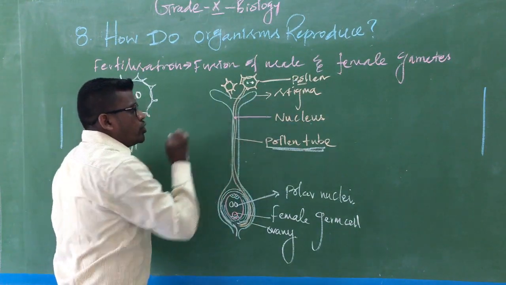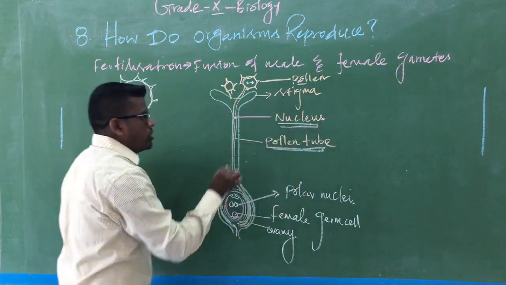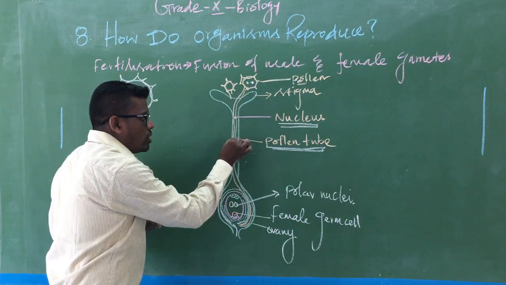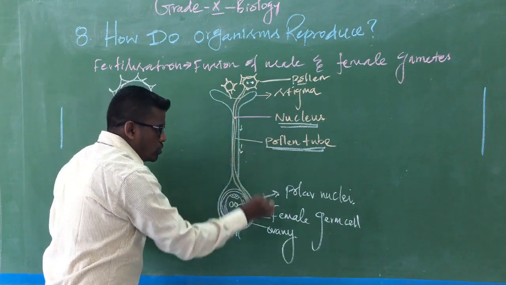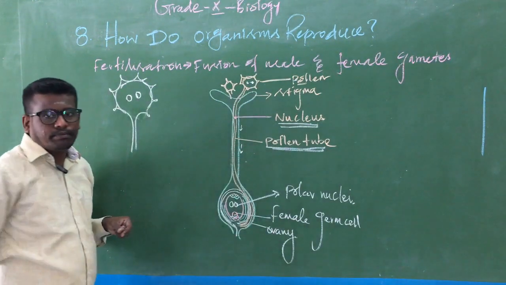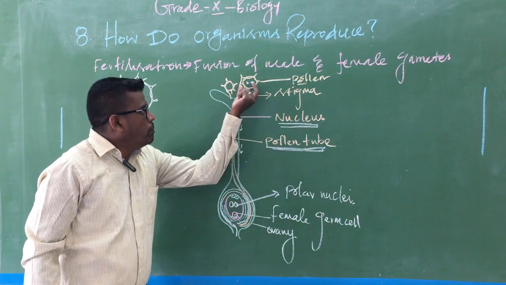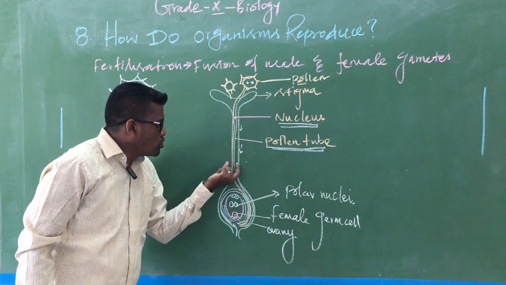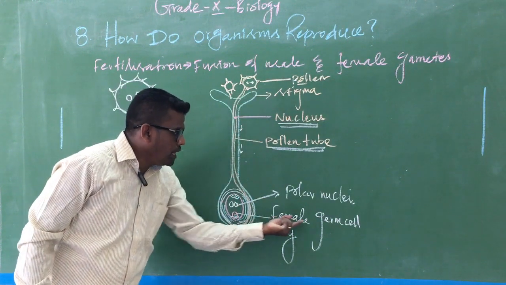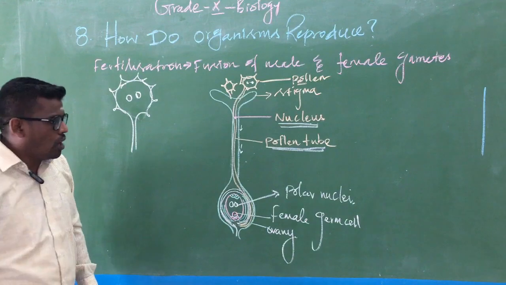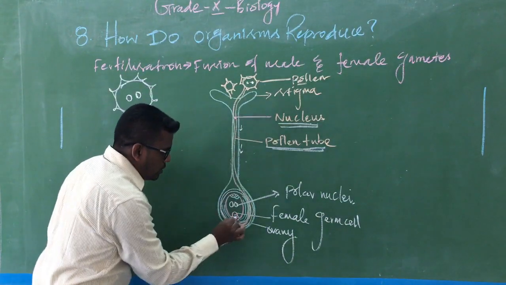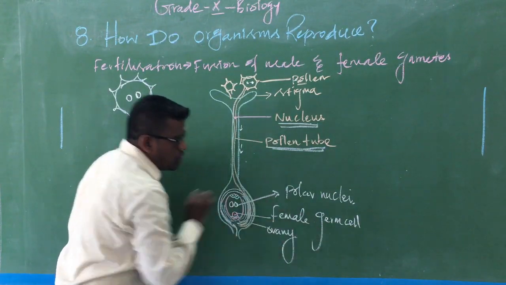Through the pollen tube, the male nucleus moves to the female germ cell. Now this nucleus fuses with the female germ cell.